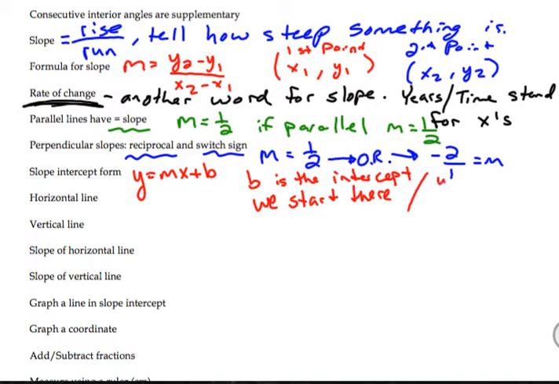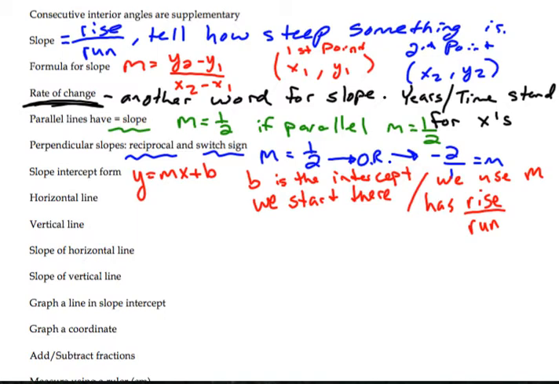Then we use m as rise over run. So if it's negative, you would go down, and if it's positive, you go up, but you always go to the right.